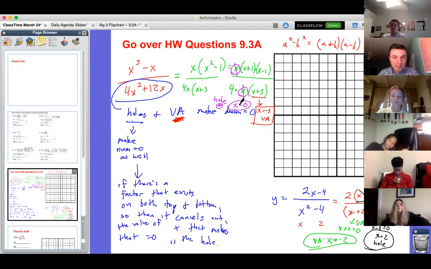We got a hole at x equals 0, vertical asymptote at x equals -3. Does anyone remember how we get the exact coordinate of the hole? Plug it back into the fraction after you cancel out the factor that it came from. So what's left is x plus 1, x minus 1 over 4 times x plus 3.